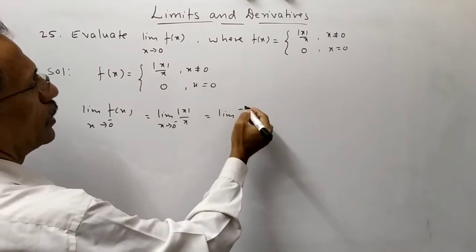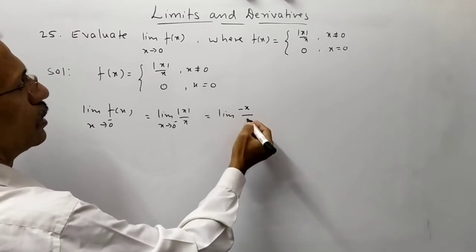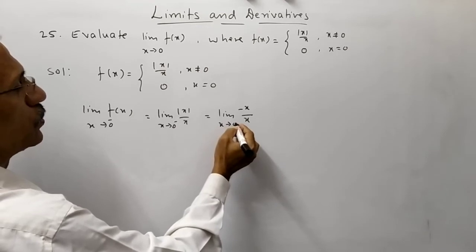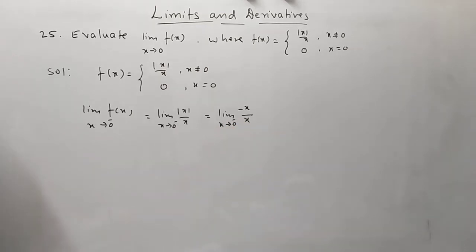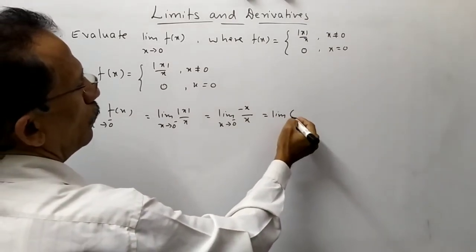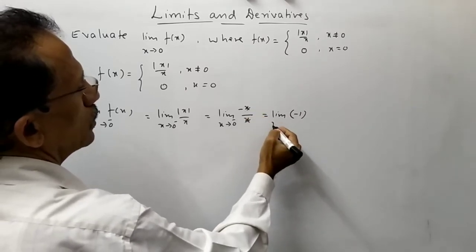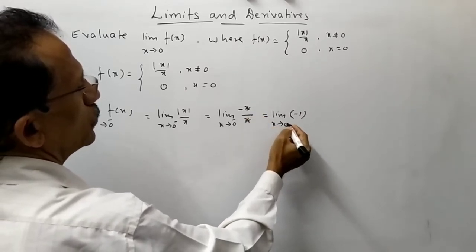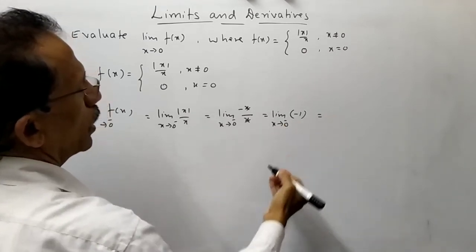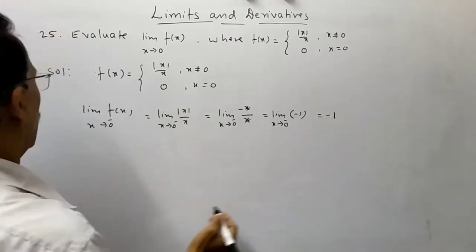Therefore, we can write modulus of x as minus x, divided by x, when x tends to 0 from left side, is equal to limit of minus 1, x and x will get cancelled, is equal to minus 1, a constant. Therefore, we will get minus 1.